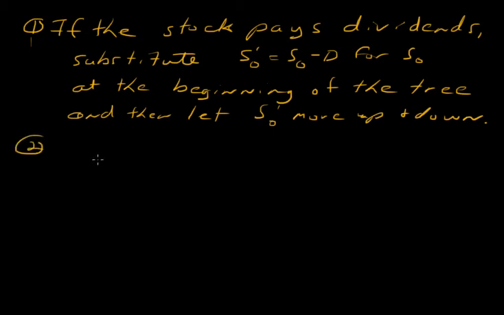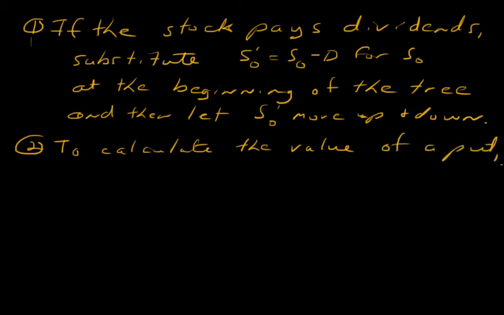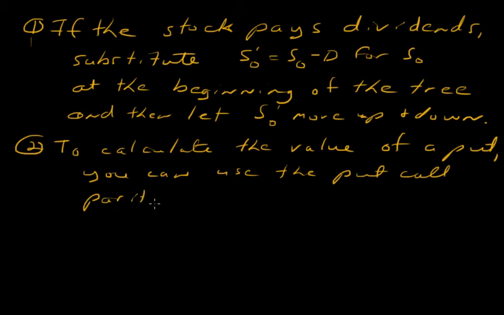Okay, second note. Notice that we've only been talking about calls in this. So to calculate the value of a put, you can use the put call parity for European options.